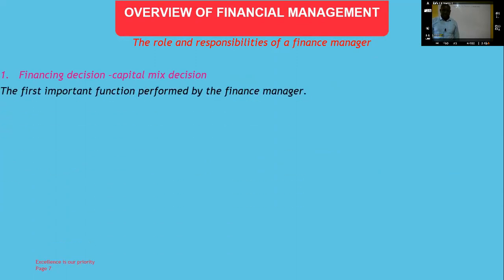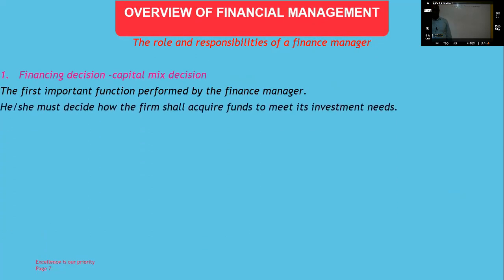The first and important function performed by the finance manager is the financing decision, or the capital mix decision. The finance manager must decide how the firm acquires financing to meet its investment needs. In other words, are we going to get some preference share capital, some debt capital, some equity capital, and many other capital sources?